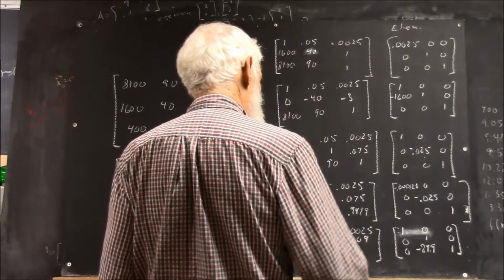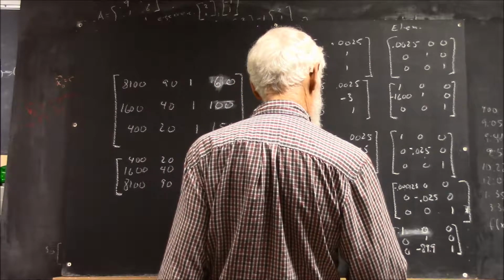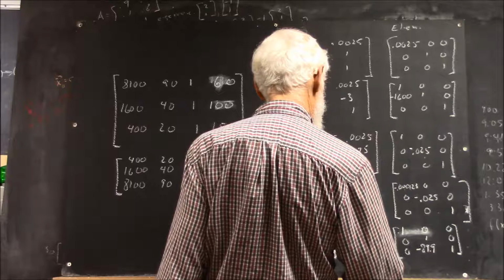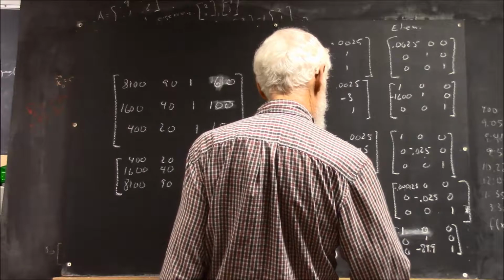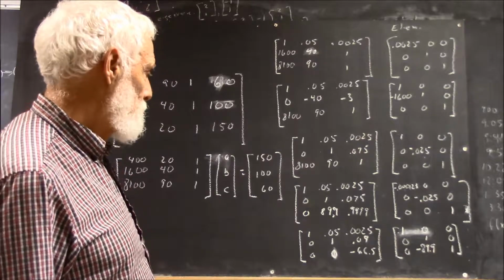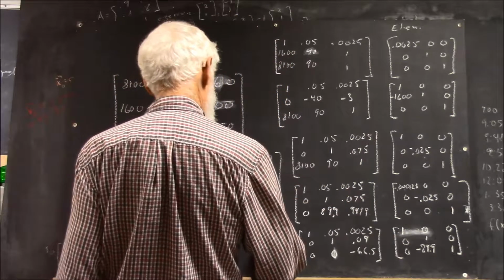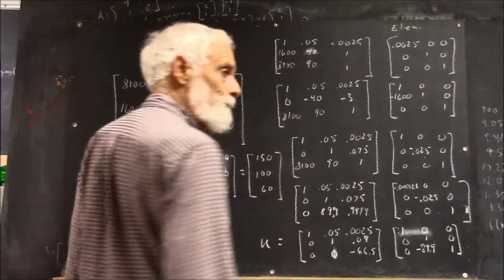So we're going to end up with like negative 66.5 ballpark. Okay? And check my arithmetic. So now we've got upper triangular, so there it is.